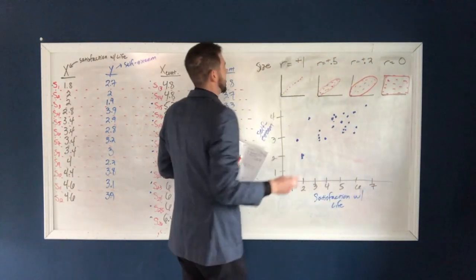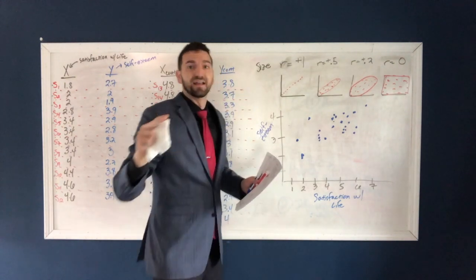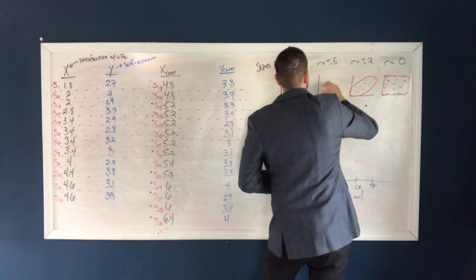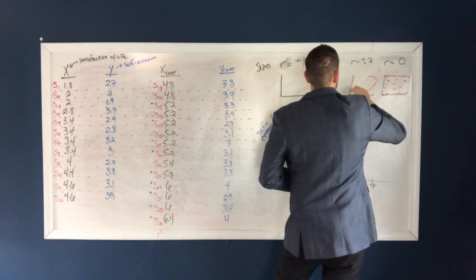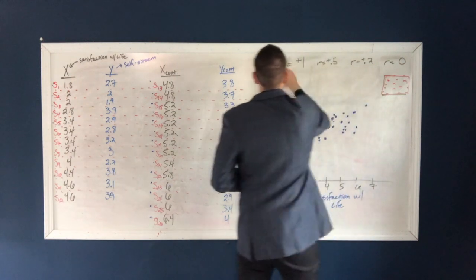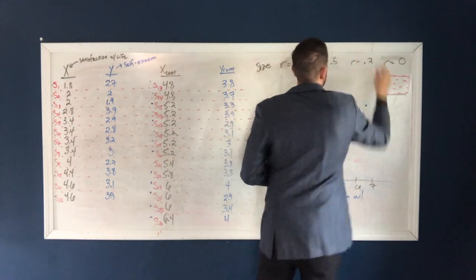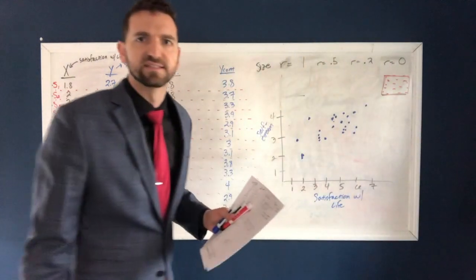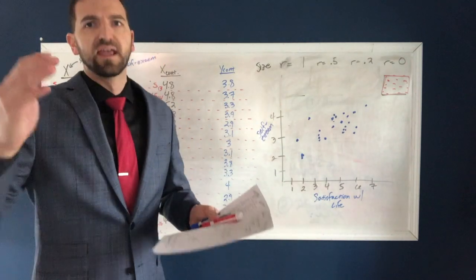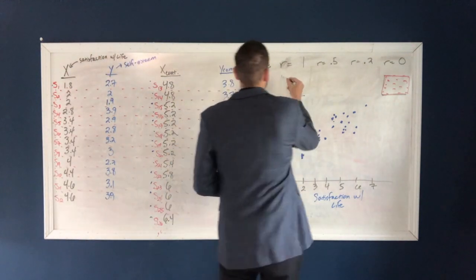Now we can do the same thing, but talk about the largest negative relationship. If you notice, I didn't erase 0, because you're not going to have a positive 0 or a negative 0. 0 means no relationship.